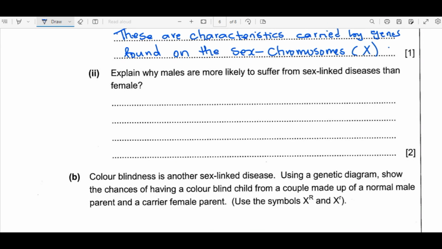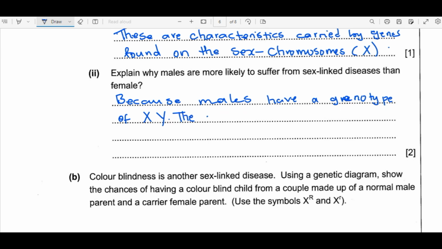Then for Roman numeral 2, explain why males are more likely to suffer from sex-linked diseases than females. So say, because males have a genotype of XY.